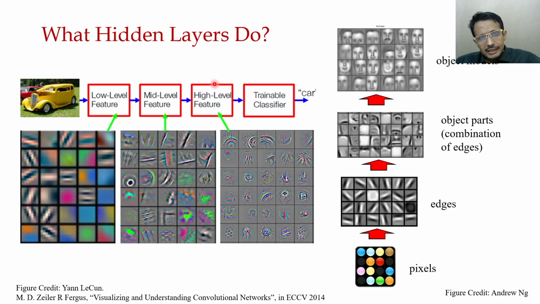Now see the high-level features. Here the tires are more prominent. Even a human can understand this: oh, maybe a part of a tire, or a steering wheel, or this is the looking glass, and so on. So what we have to understand, please try to recall the definition of deep learning.